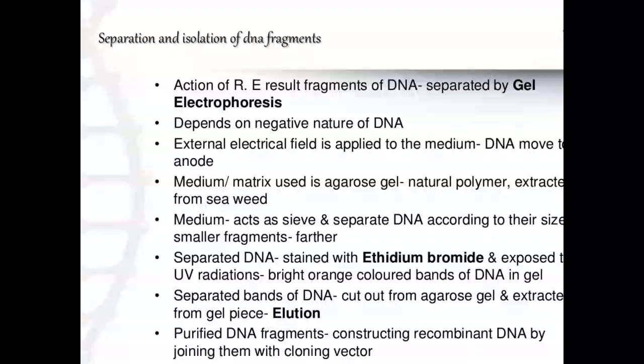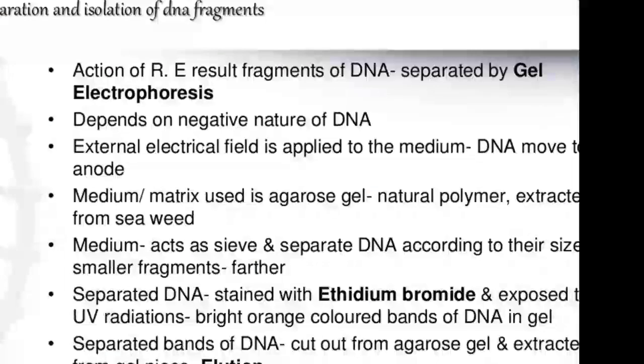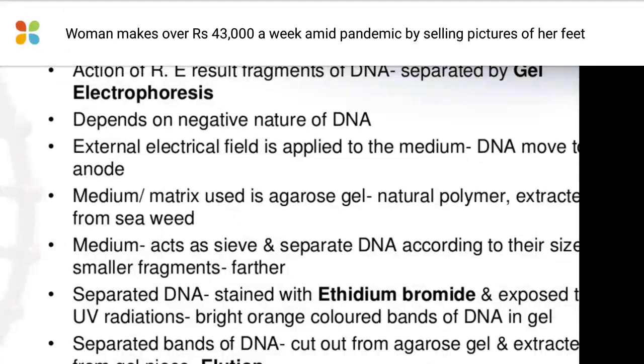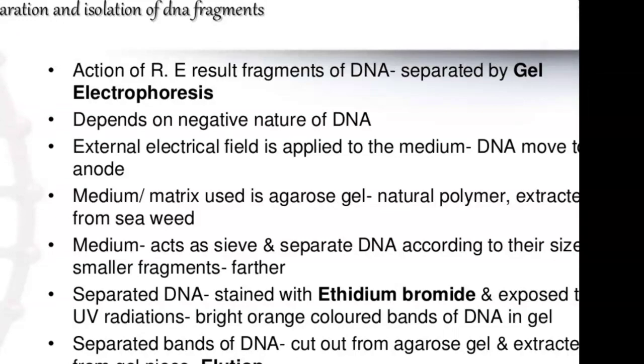The action of restriction enzymes results in fragments of DNA that are separated by gel electrophoresis. This is the technique used for the separation of DNA from the source. We know that DNA has a negative charge, and gel electrophoresis depends on this negative nature of the DNA.